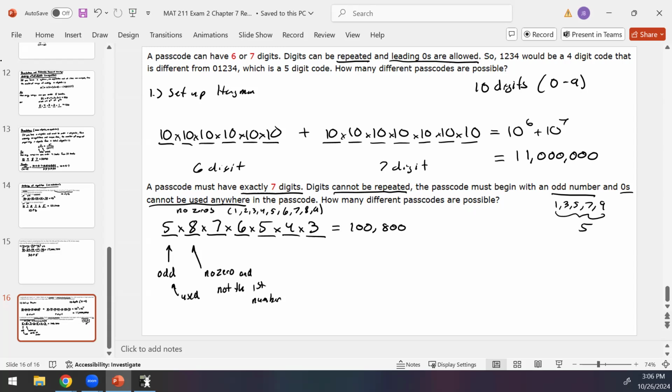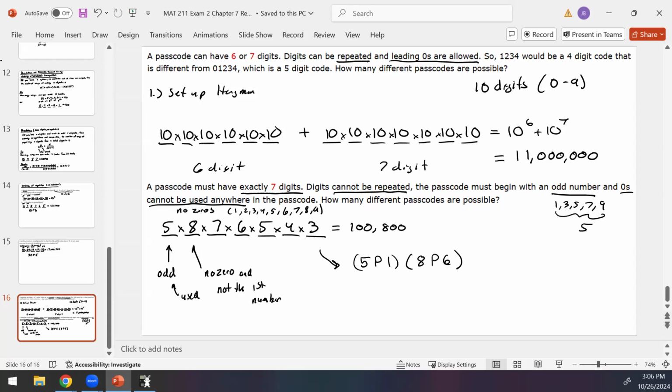So the way you could do it using permutations is you could say, I have 5 odd numbers and I got to pick one of them. Okay, so 5 permute 1, and then from there, I have 8 numbers left, and then I got to pick 1, 2, 3, 4, 5, 6. So I got to pick 6 of them. Okay. And now that I'm thinking about that, 5 permute 1.